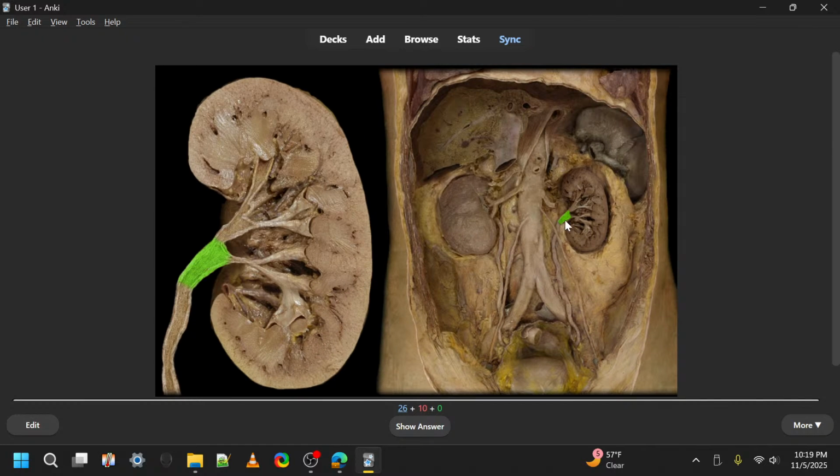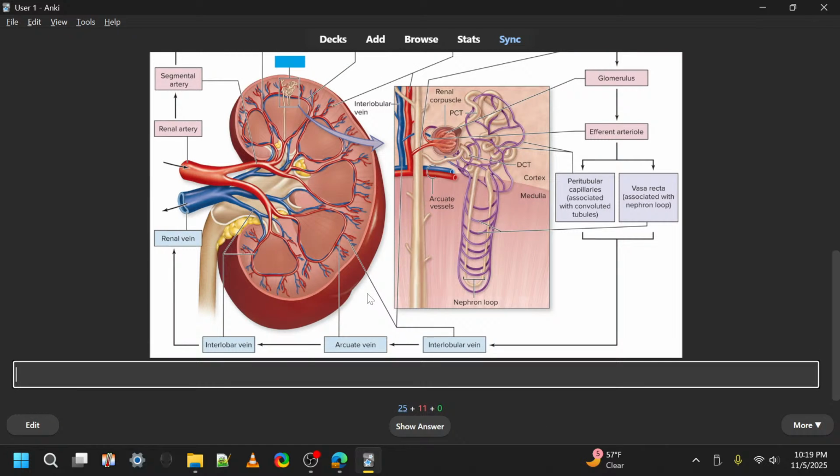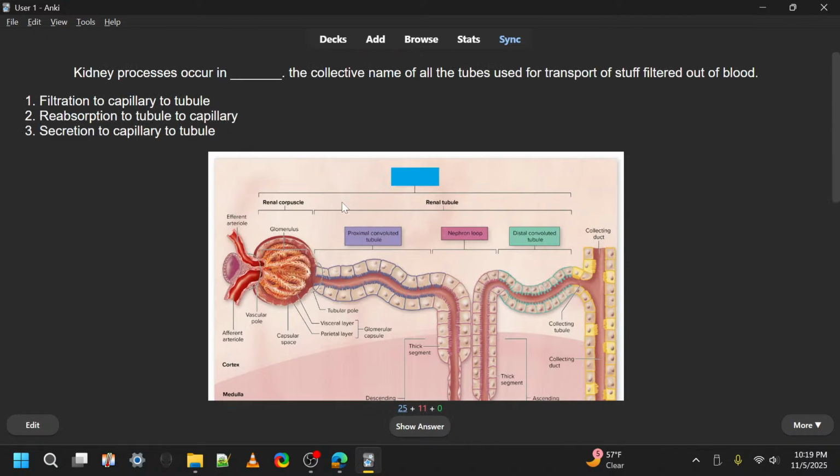This is the renal pelvis. So the major calyces converge into the renal pelvis, and then the renal pelvis continues and turns into the ureter. So this is the renal pelvis. This blue is a nephron.